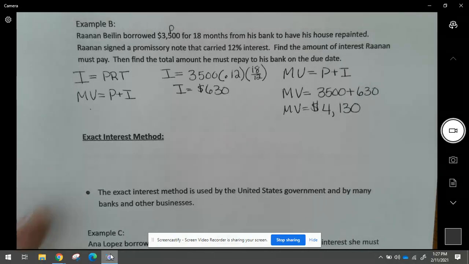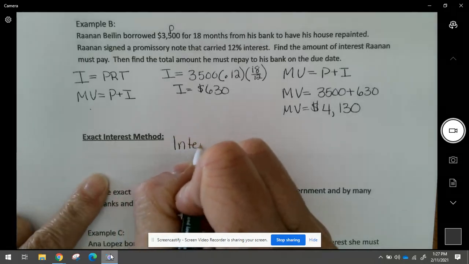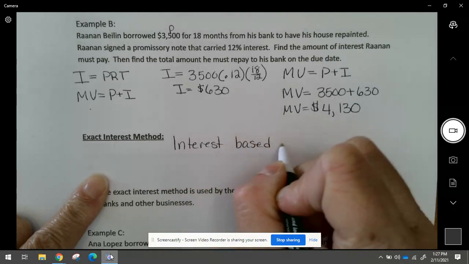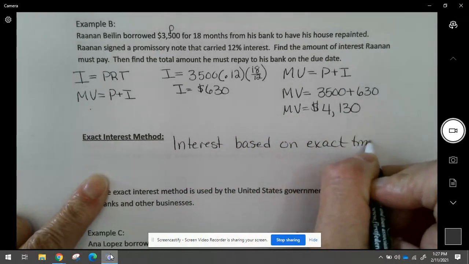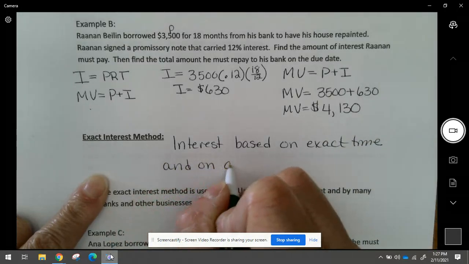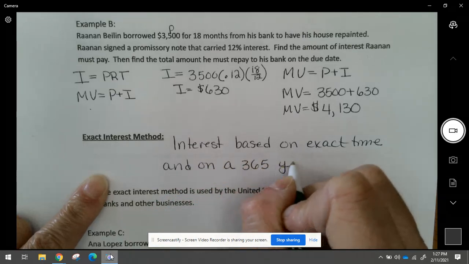Okay, sometimes the lenders will do the exact interest method. So this is interest based on exact time and on a 365-day year.